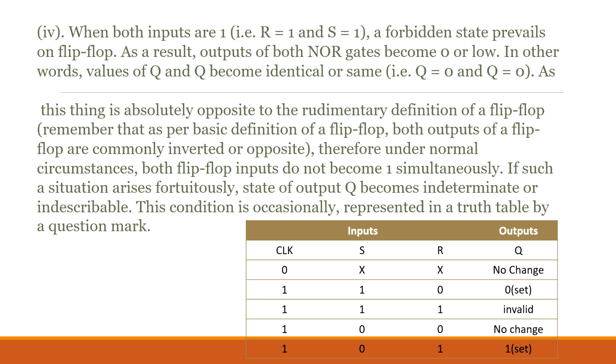Remember that as per the basic definition of a flip-flop, both outputs of a flip-flop are always inverted or opposite. Therefore, under normal circumstances, both flip-flop inputs do not become 1 simultaneously. If such a situation arises, the state of output Q becomes indeterminate or indescribable. This condition is occasionally represented in a truth table by a question mark.